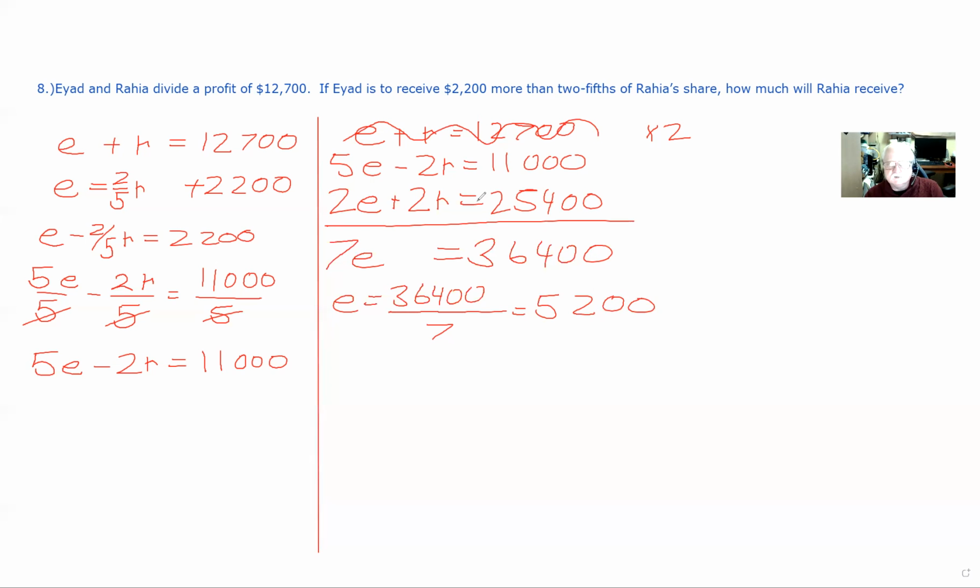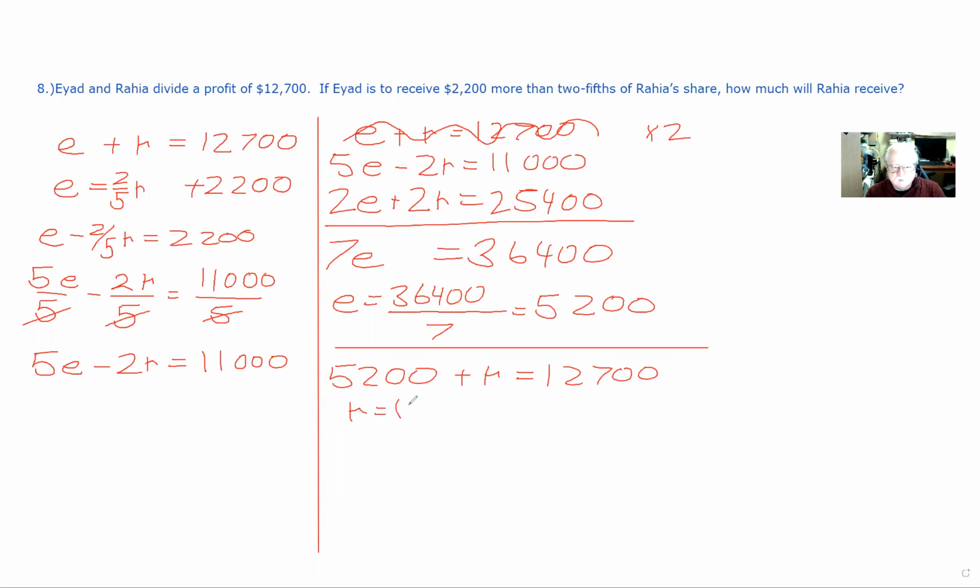So once we think we know this, we can plug this back into these other two equations and see what we get. The first one is very easy. E, oh, well, no, we think we know what E is. 5,200 plus R equals 12,700.